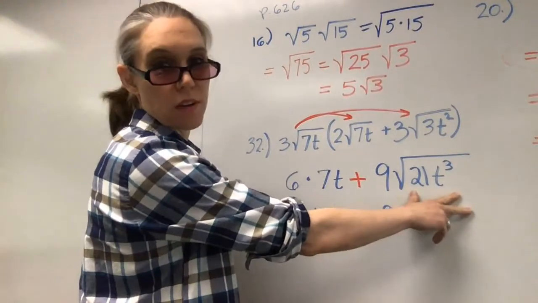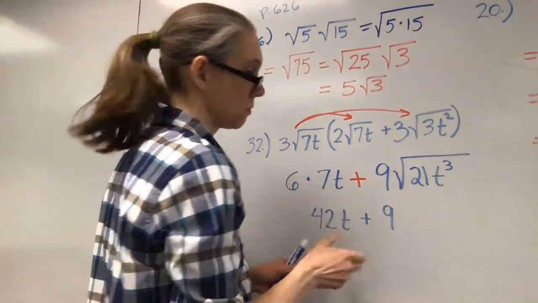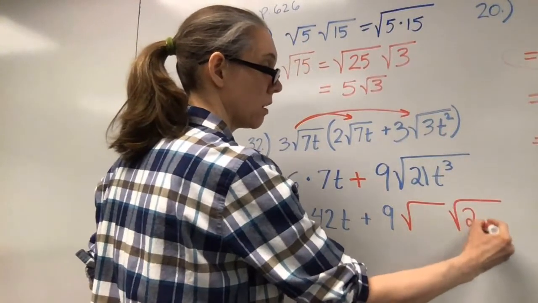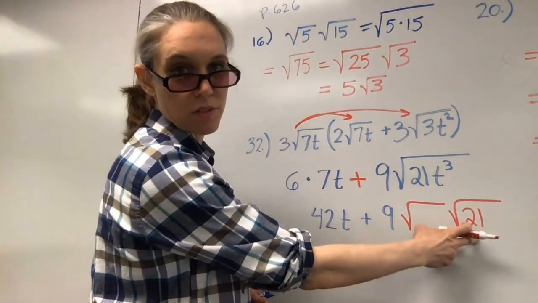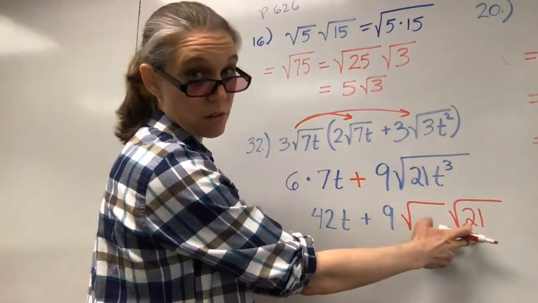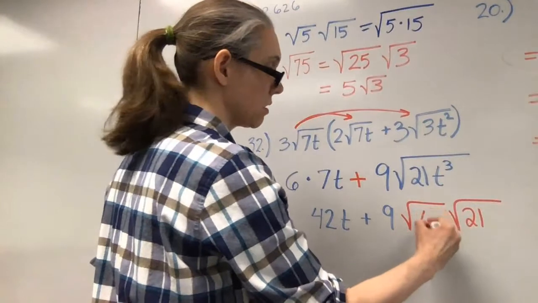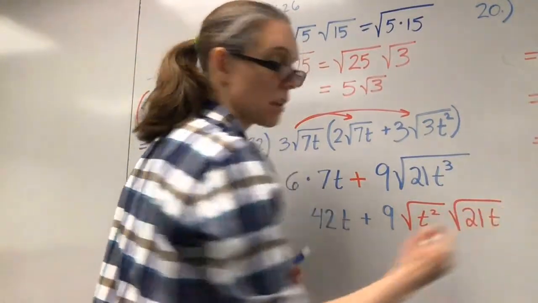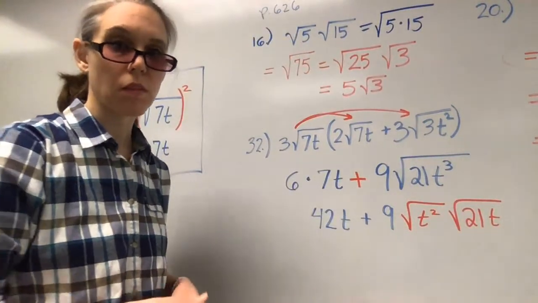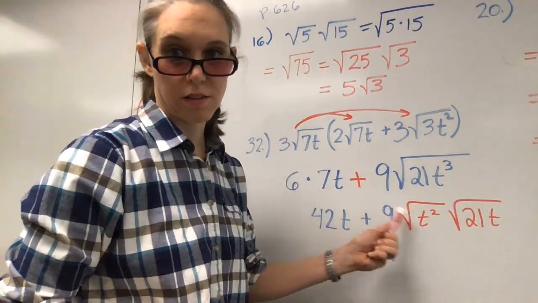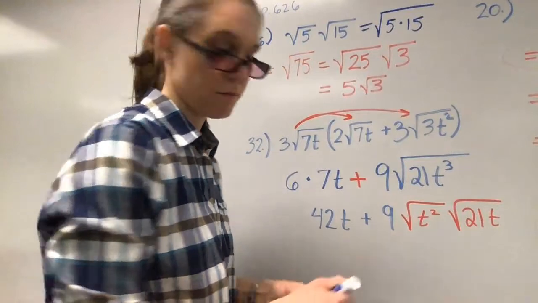If you can simplify this in your head, feel free to. 21 has no perfect squares that divide into it other than 1. And t cubed splits into t squared times t to the first. Then this simplifies to just t, right? Square root of t squared is t.